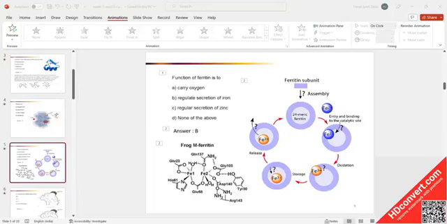Transferrin is present in mammals, not in microorganisms. In microorganisms, siderophore is the basic moiety which carries or transfers iron.